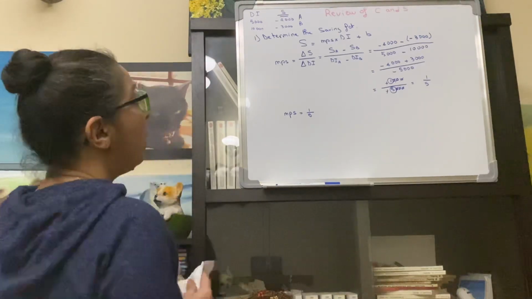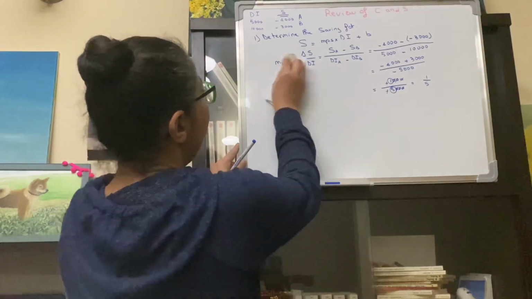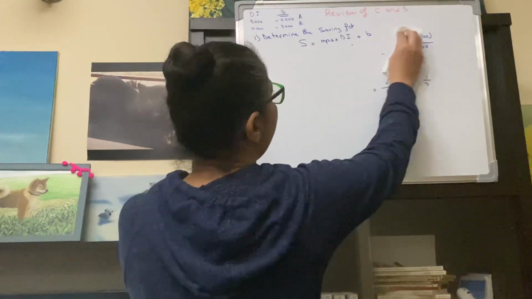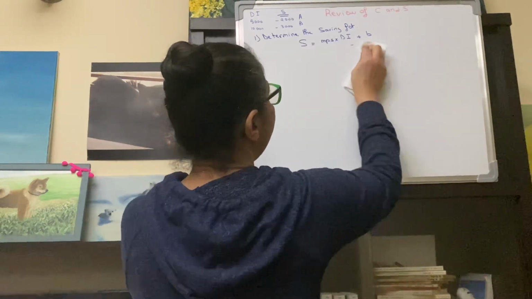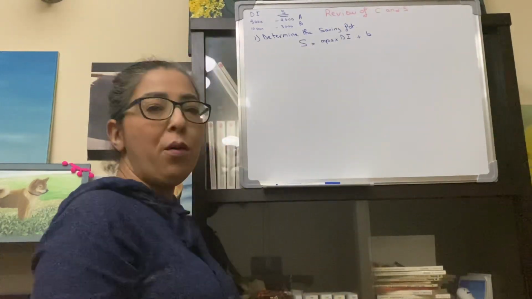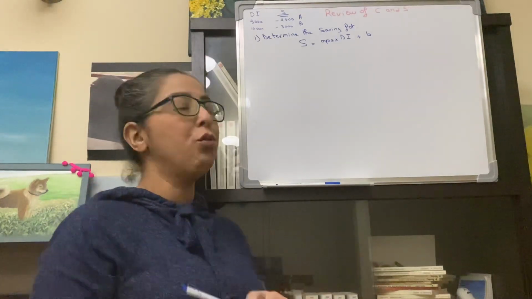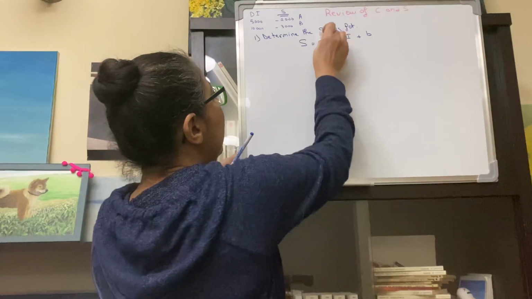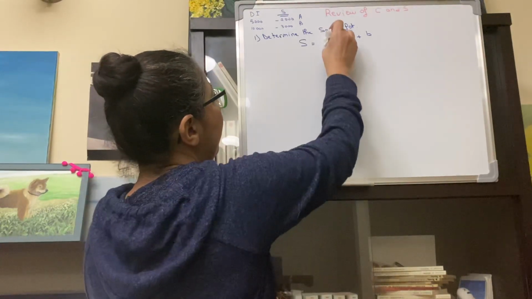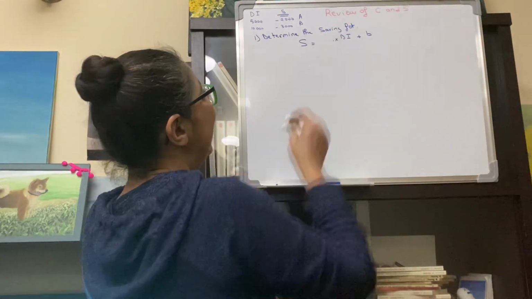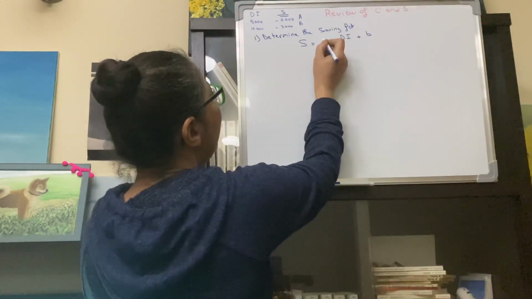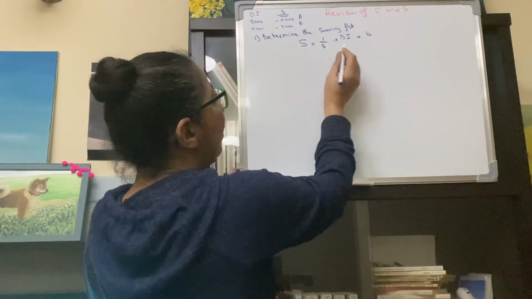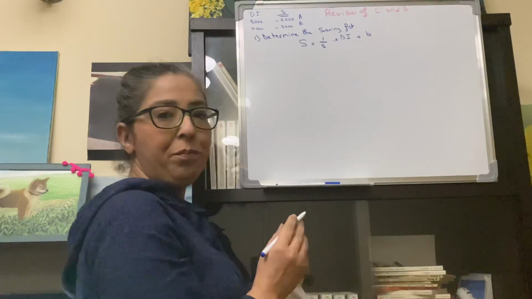So let's try. Now, MPS is equal to 1 over 5. So what I'm going to do is replace it in my function: 1 over 5 DI plus b.